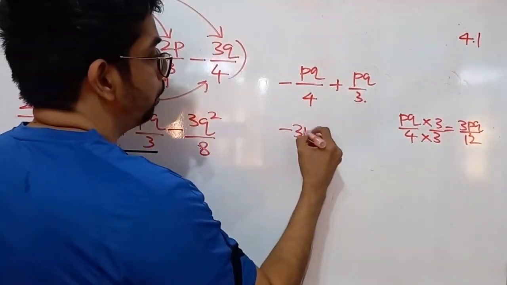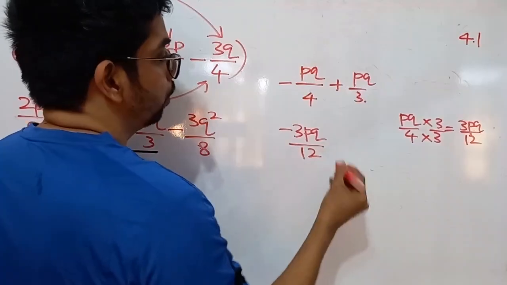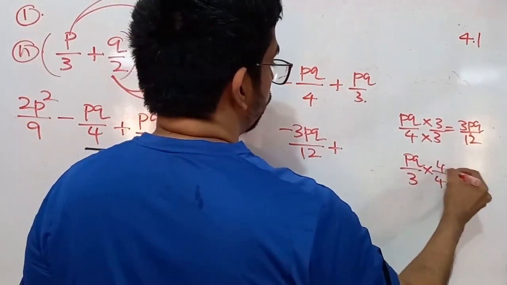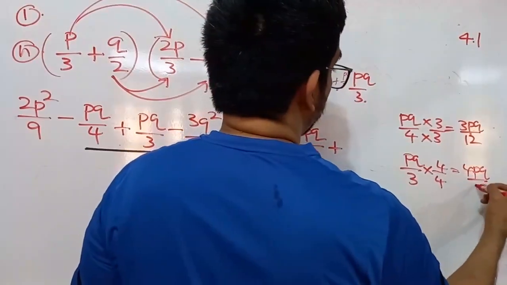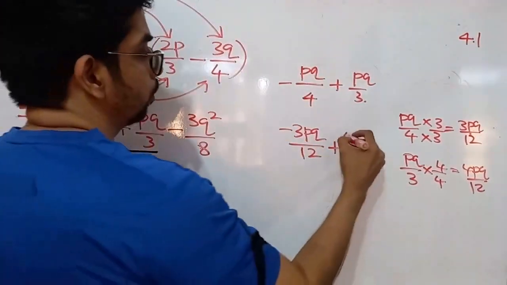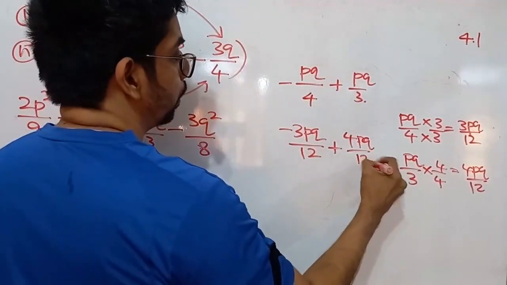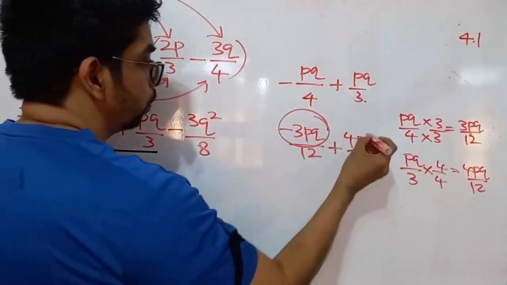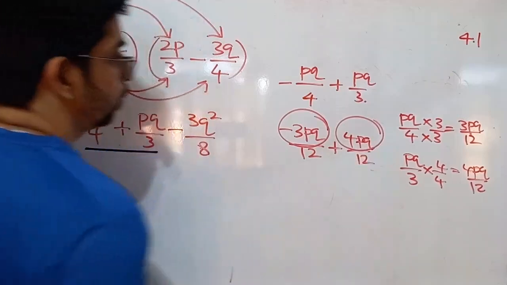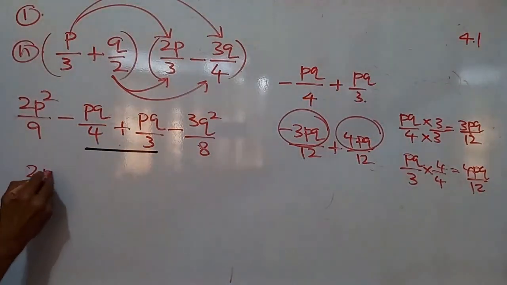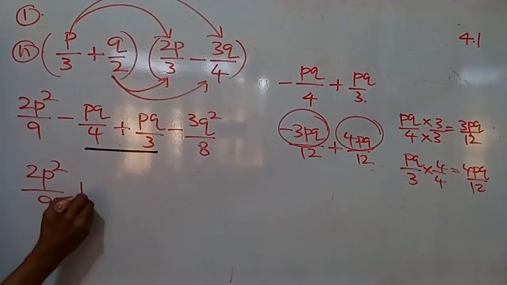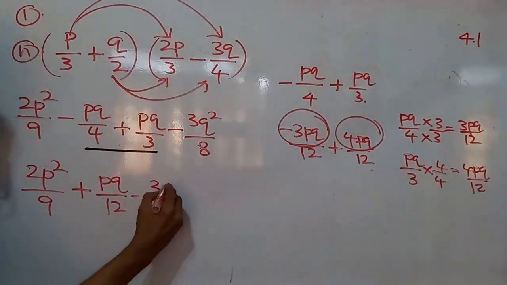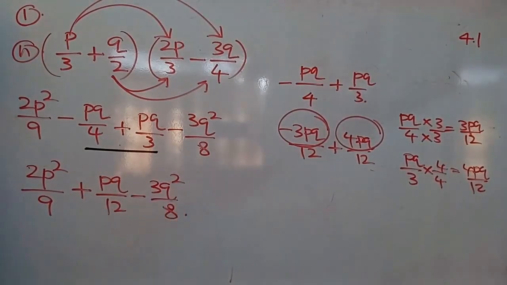So negative 3pq by 12 plus pq by 3 into 4. 4pq by 12. හරි. දැන් මොකද වෙන්නේ? This is negative 3pq. This is positive 4pq.